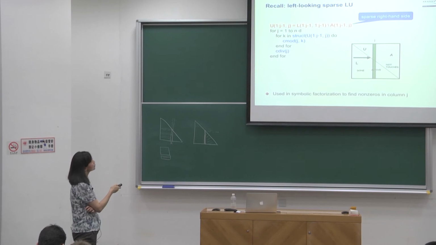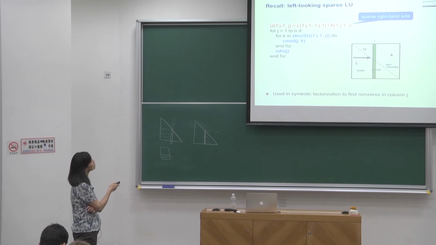The operation we need to do is to use this L piece to do the triangular solve using the original non-zeros of the column of A, and then get the piece in the U vector here.